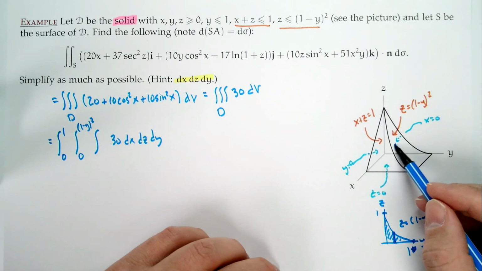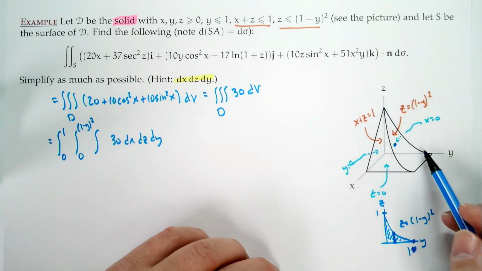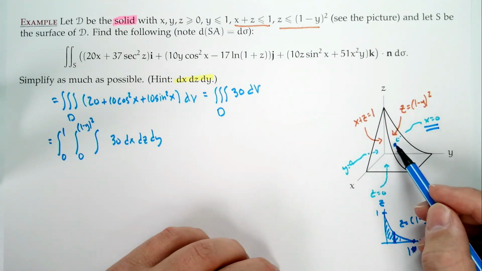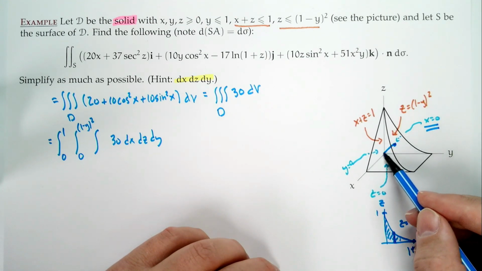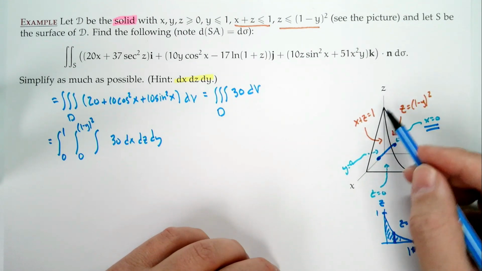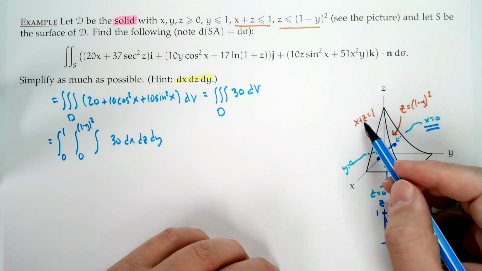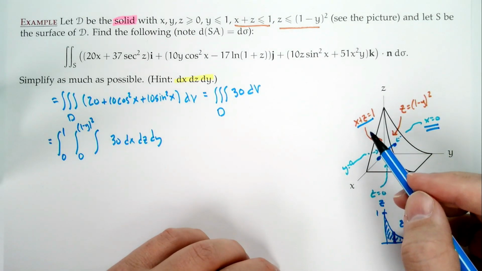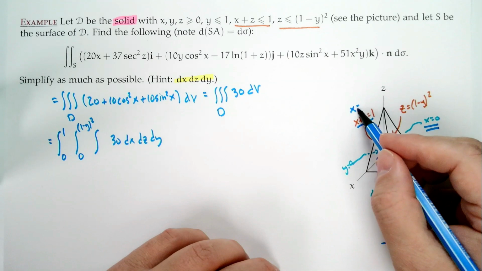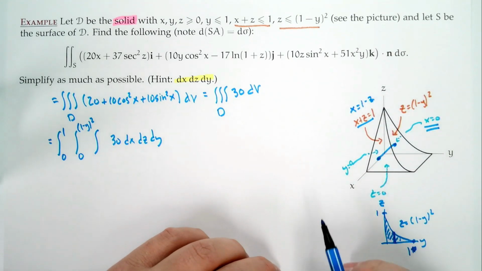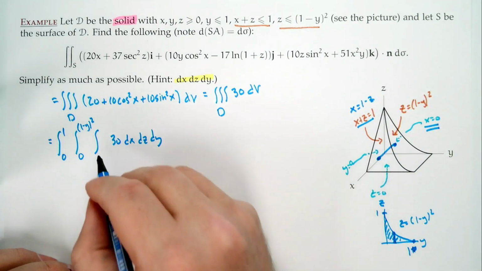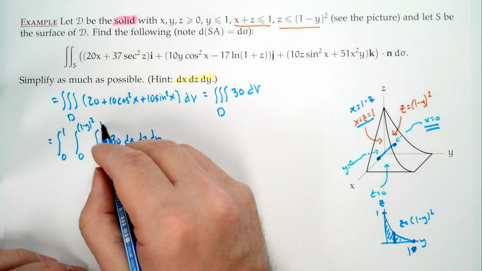So I'm going to start back here on this back face, which is x equals 0, and I'm going to move parallel to the x-axis until I hit this front face, which is x plus z equals 1, which we need to solve for x. That's 1 minus z. So I'm going to go 0 to 1 minus z.